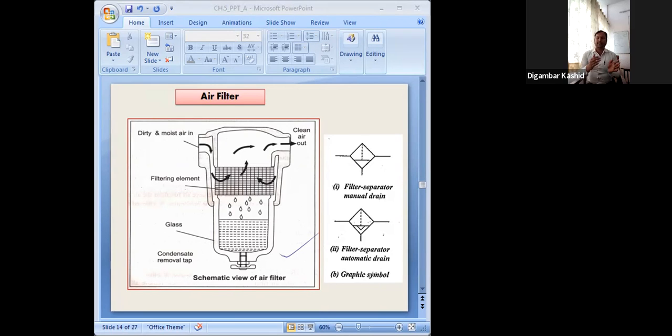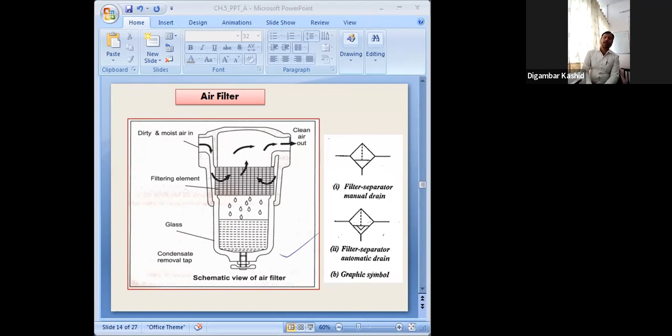Usually inline filter elements can remove contaminants in the range of 5 to 50 micron. Okay, inline filter elements can remove contaminants in the range of 5 to 50 micron. Please remember.